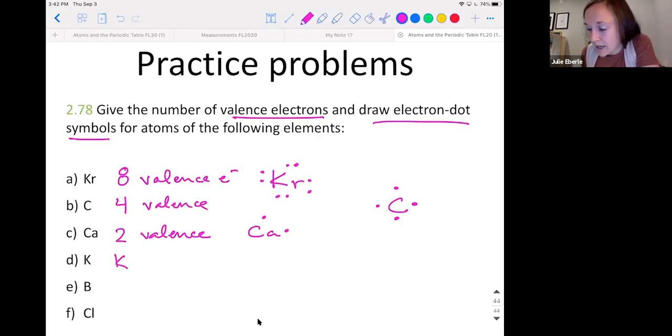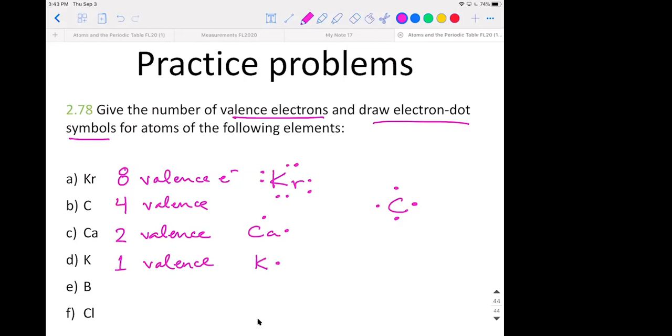Potassium, you guys should know immediately its main group. 1. Oops, why did I draw a K? I don't know. 1 valence, because it's in main group 1. Thank you, Brendan. So we're just going to do K with a dot. Boron, B. Group 3. 3 valence.